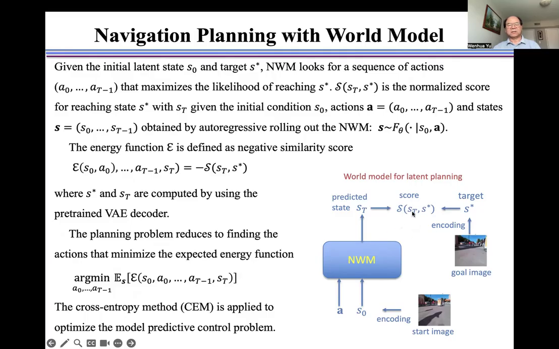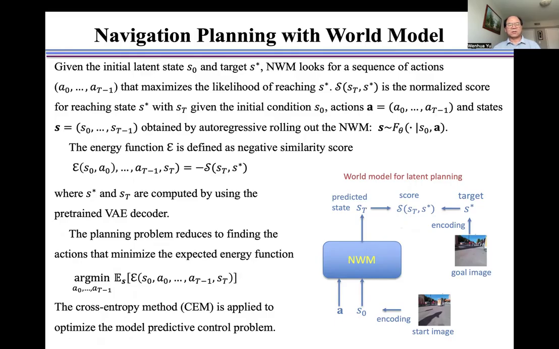This similarity score takes as input actions a and initial state, this predicted state sT, and this target state from the target image. Where s star and sT are computed by using the pre-trained variational autoencoder decoder.